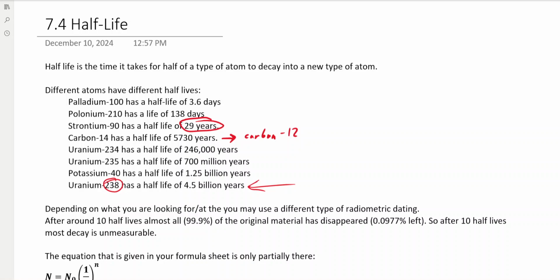So a lot of humans that are alive right now, I assume I have it as well, have strontium-90 in their bones because of the nuclear explosions for nuclear testing that happened in the 50s and 60s mostly.